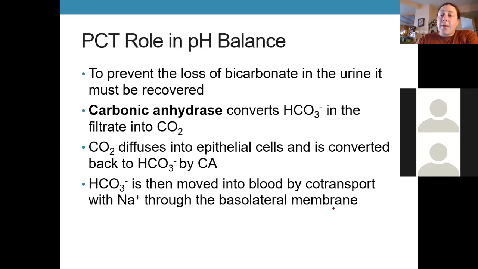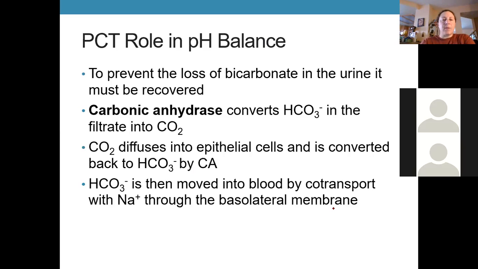All right, final thing about the proximal convoluted tubule. So I pointed out all of those hydrogen ions that were being exchanged and moving into what is becoming urine. This is done even more deliberately than that particular diagram showed you. So not only do we use hydrogen ions in order to balance charge for other things, we also want to not lose the bicarbonate in the blood to the urine.